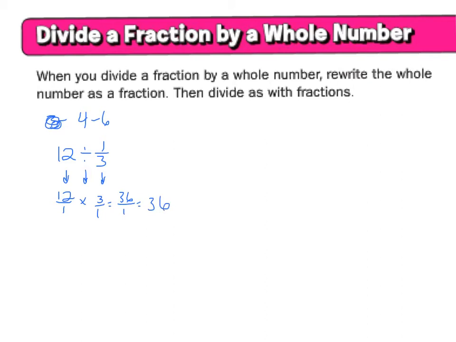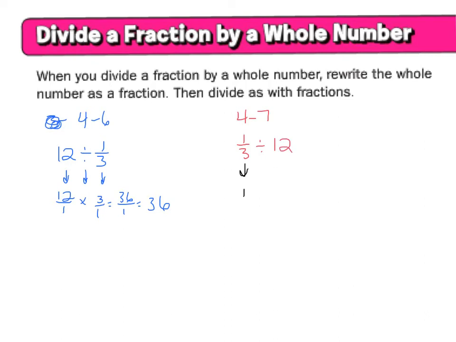Well, tonight we are actually going to do the same process, except the whole number is going to be in the second position. So we're actually going to have to flip it. Here in lesson 4.7, we're going to say 1/3 divided by 12. We'll follow the same procedure.